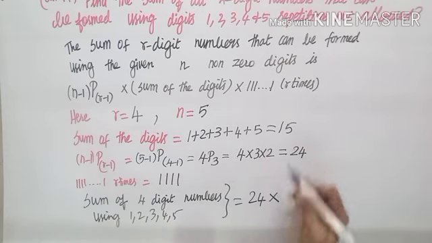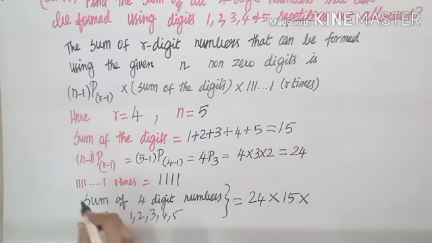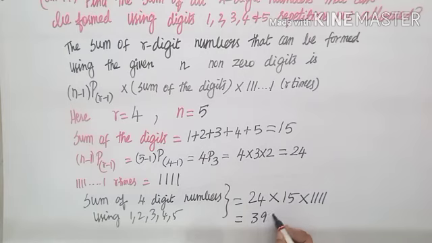Sum of the digits 15. 1111, r times, I get 4 ones. Multiply it all and write the answer. So your answer is 39960. Either you can directly multiply or you can use logarithm and simplify the answer.